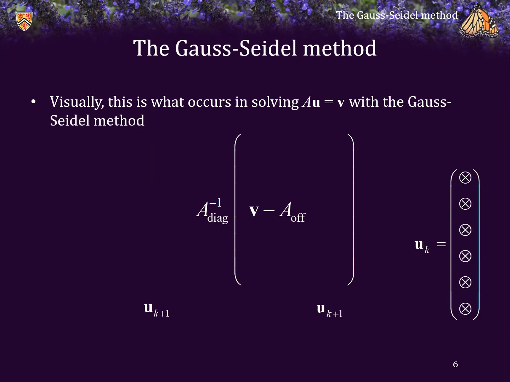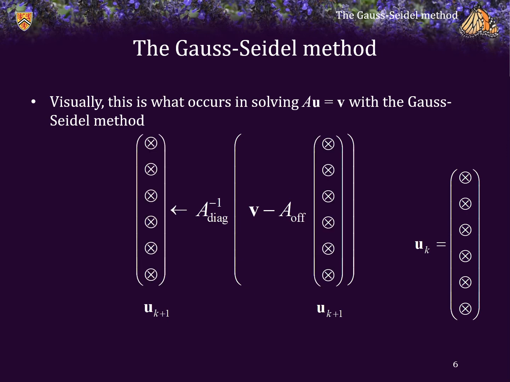Visually speaking, let's see what happens with Gauss Seidel. With Gauss Seidel, we assign the next entry U sub k plus 1 the entries in the previous vector U sub k. However, we're going to update this vector as we proceed.